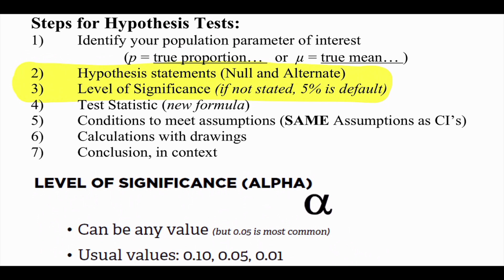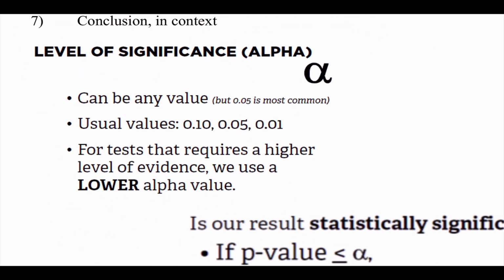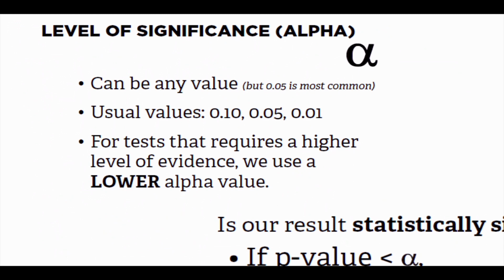So what is a significance level? We talked about a hypothesis. A significance level is kind of the bar that we need to meet. Usually it's 5%, 0.05, but sometimes it's 10%, sometimes it's 1%. For tests that require a higher level of confidence, we use a lower alpha level.